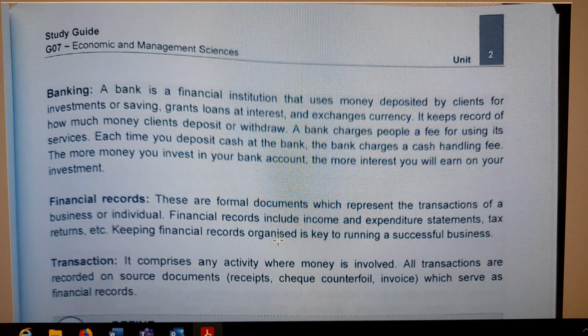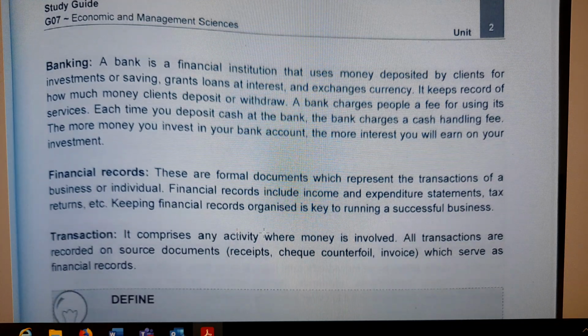Keeping financial records organized is the key to running a successful business. So every business must have financial records. And what is a transaction? A transaction comprises any activity where money is involved. All transactions are recorded on a source document. What is a source document?